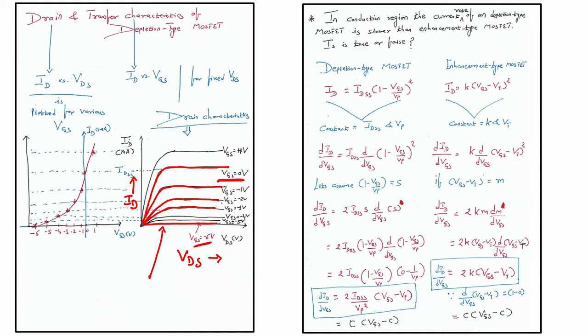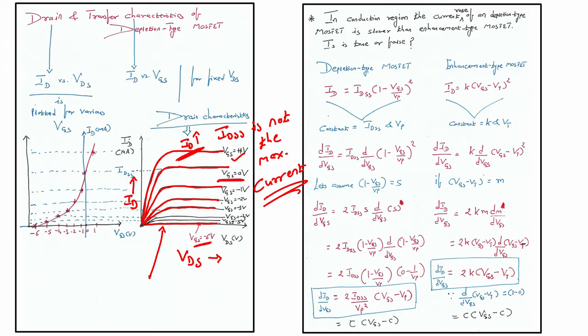Like we discussed, we can still see the current ID increasing. That means my IDSS is not the maximum current, because if I increase my VGS greater than 0 volt, I can still see that the current ID is increasing.